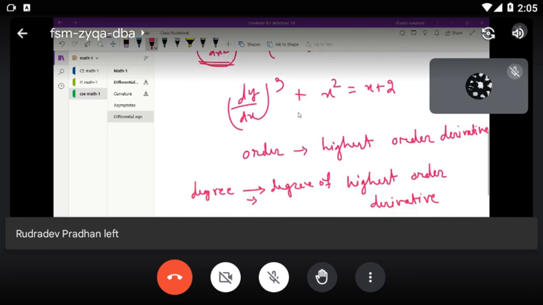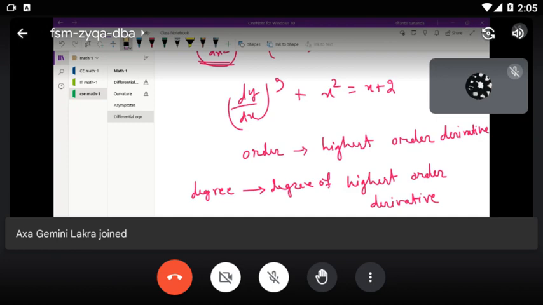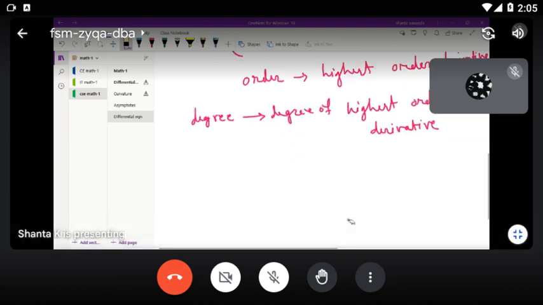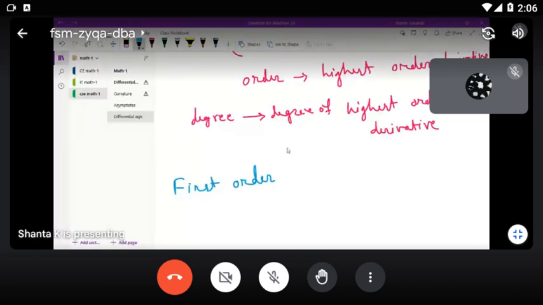So this much you know about the differential equation. In our course, we will be looking at the different methods to solve differential equations. We will start with the first order first degree equations. We have some typical methods for finding the solution, and those methods we are going to discuss first.